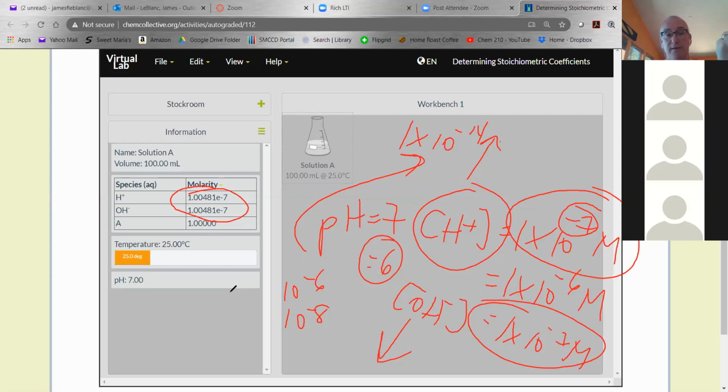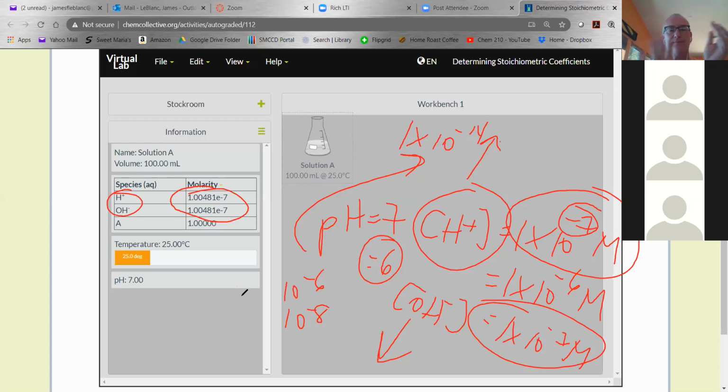So that means it's water, and it means it's neutral. That basically tells you that A is not an acid or a base. You don't have to worry about that right now, but don't be thrown by the fact that when you are doing your reactions, you're going to get these things as well. You're going to get the concentration of A, B, C, D, and H plus and OH minus, which will tell you if you're forming an acid or a base.